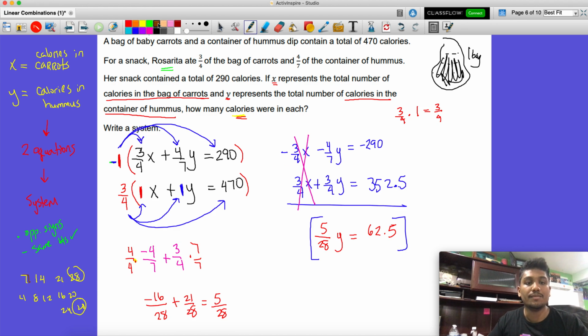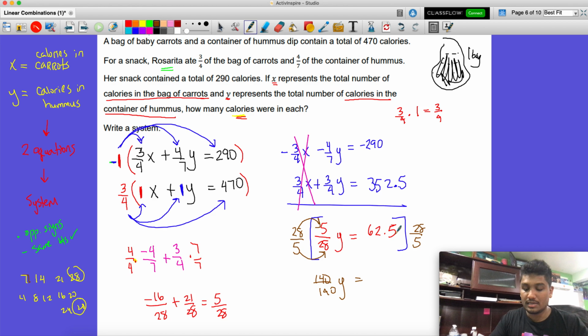So if we do that, the reciprocal of 5 over 28 is just flipped, so 28 over 5. 28 times 5 is 140. So this becomes 140. 5 times 28 is also 140.